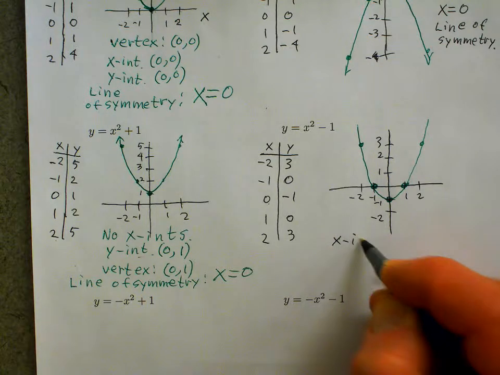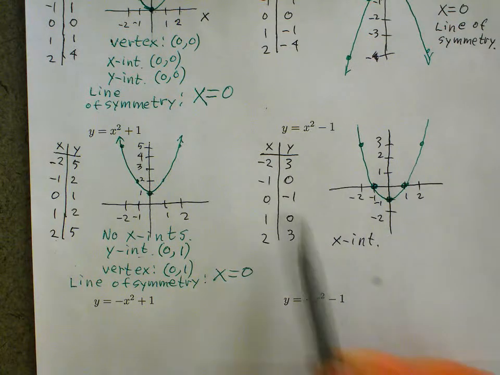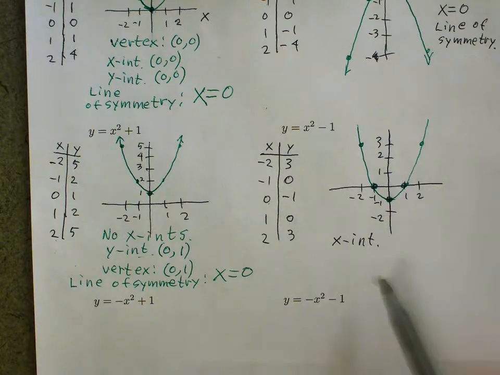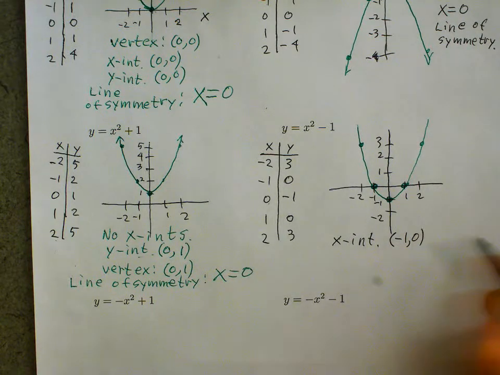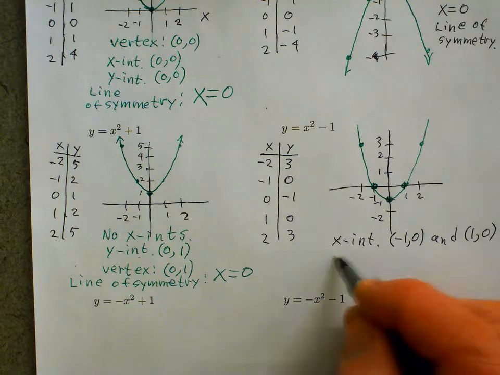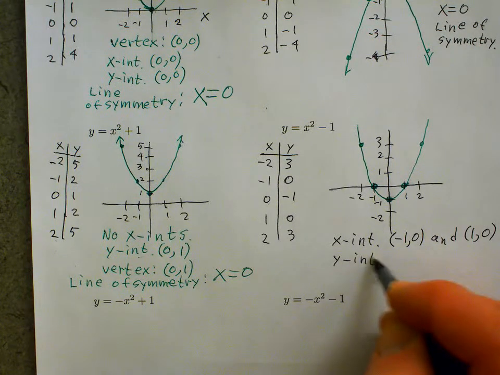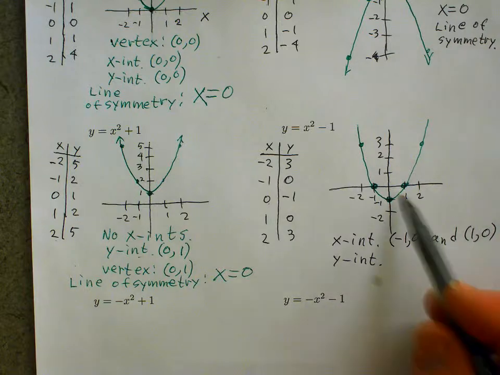Well, two of our points happen to be the x-intercepts: -1, 0, and 1, 0. The y-intercept is 0, -1.